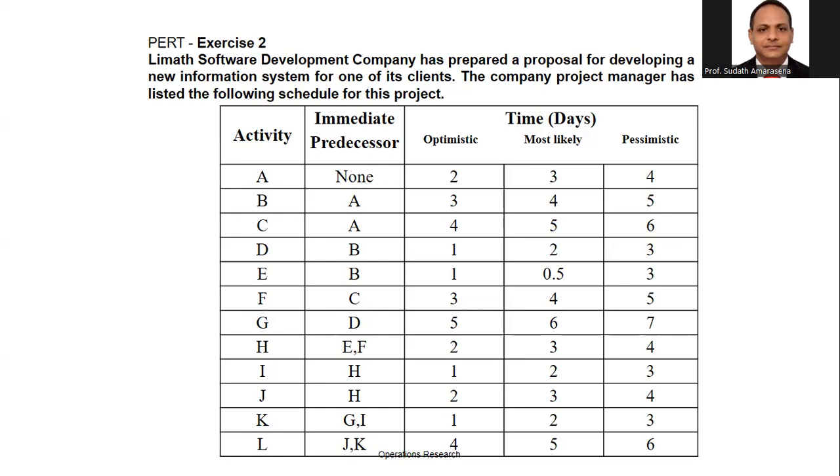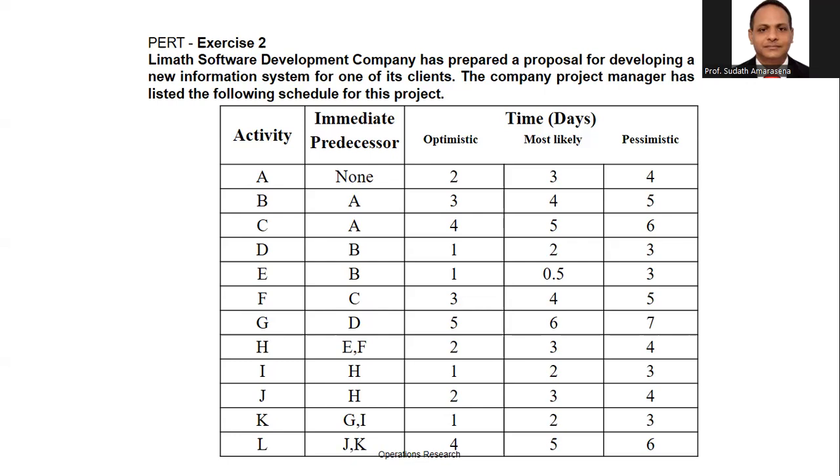Activity A: 3 into 4 is 12, plus both sides 6, 18, divided by 6, answer is 3. Activity B: 4 into 4 is 16, plus 8, 24, divided by 6, 4. C: 5 into 4 is 20, plus 10, 30, divided by 6, 5.